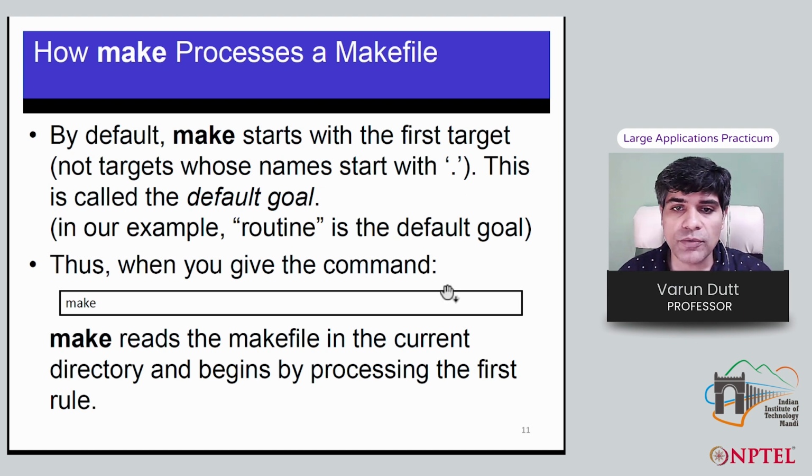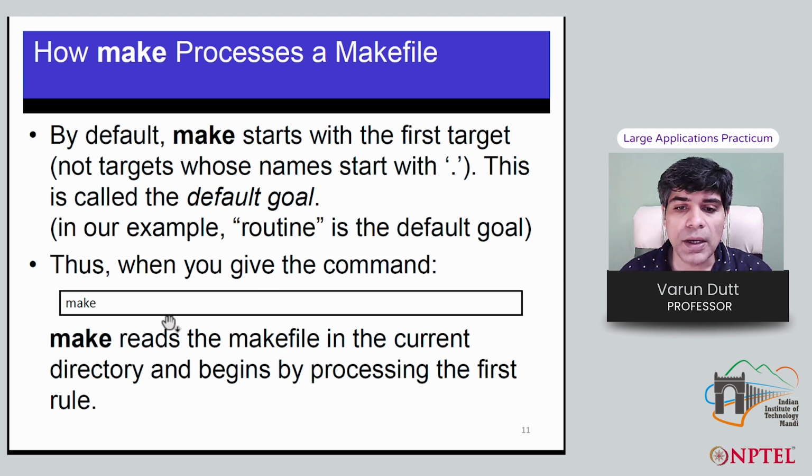The first target is also called the default goal. In the prior lecture, the default goal was called routine, and we have already seen how we used the Make utility to actually create the routine target, which is an executable file.